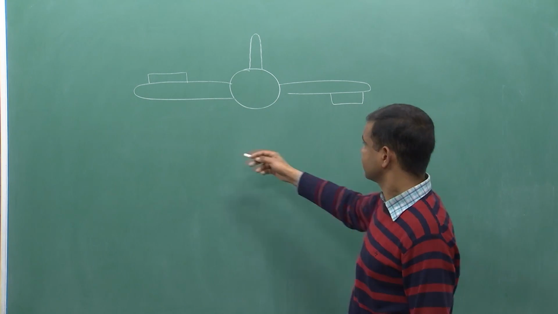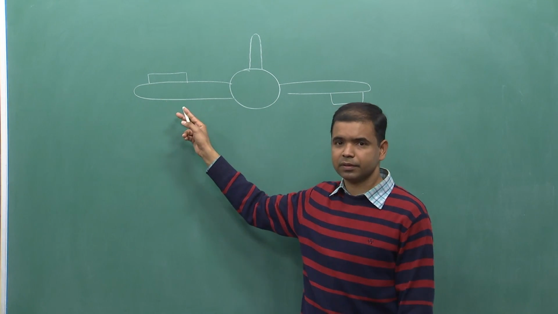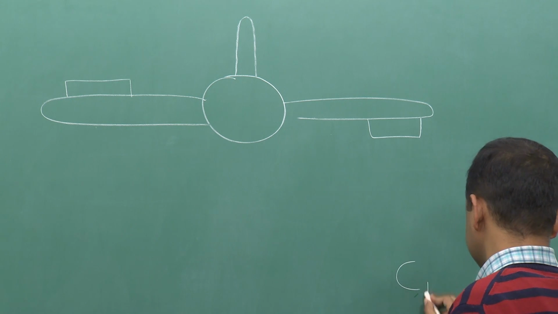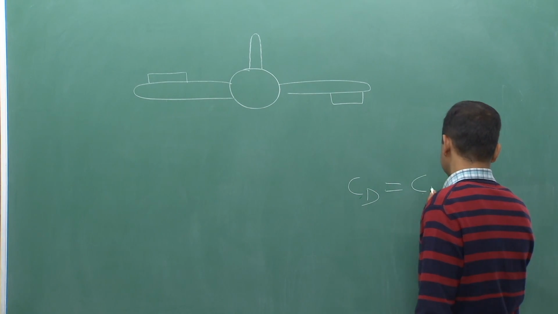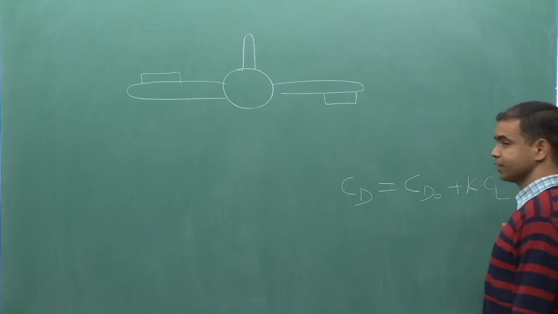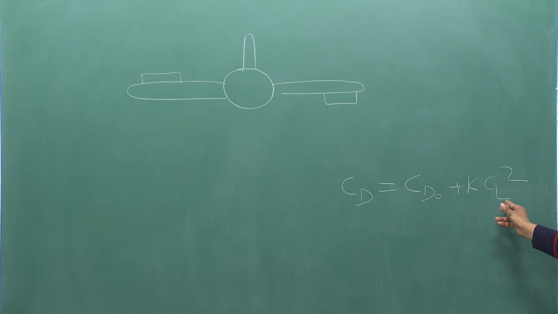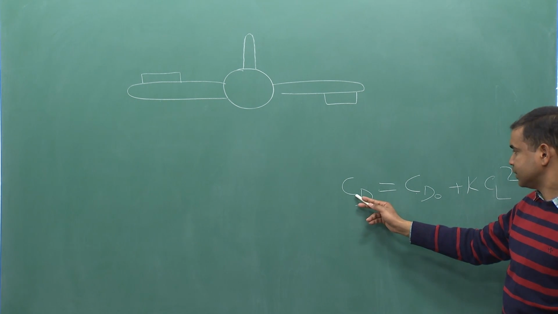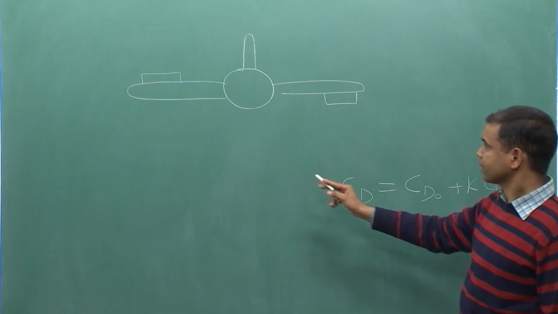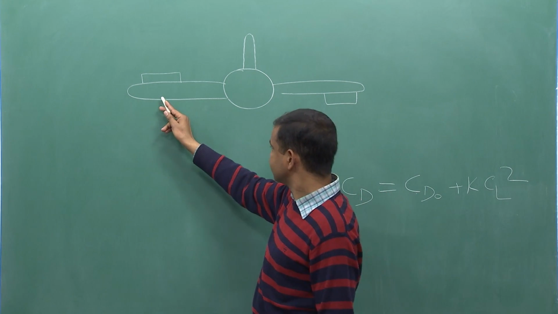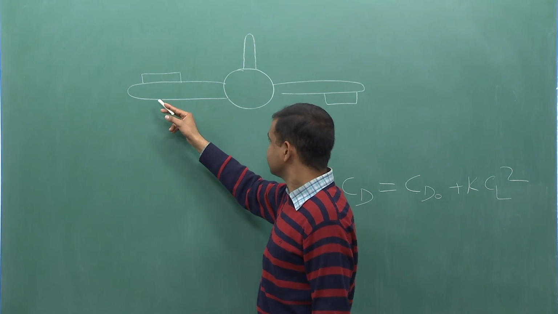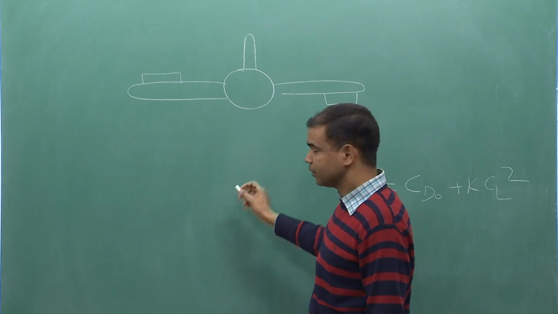In this case, this wing will feel more lift, and as you know, CD is equal to CD naught plus K Cl square. Here you can see CD is increasing with the square of Cl, meaning if the lift increases on the right wing, this will significantly increase the drag, and this will give a yawing moment.